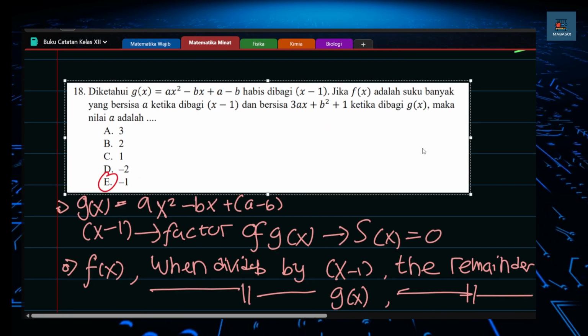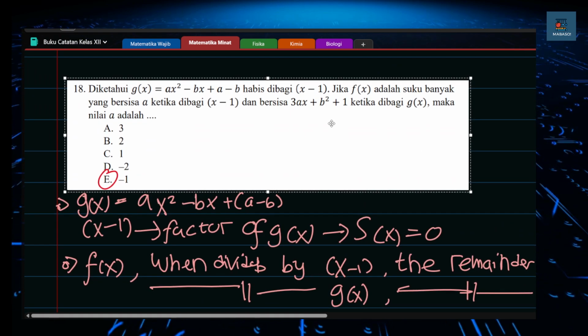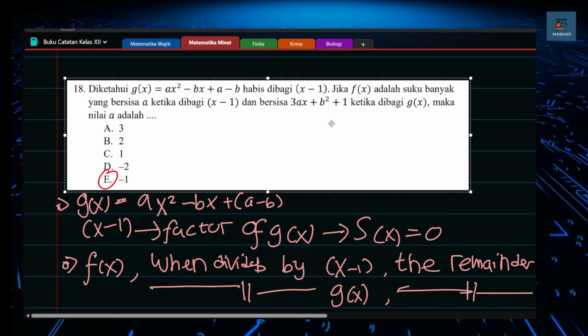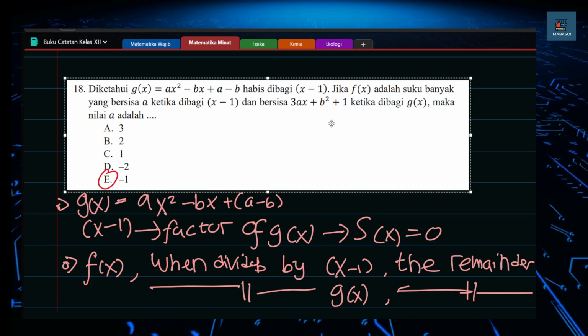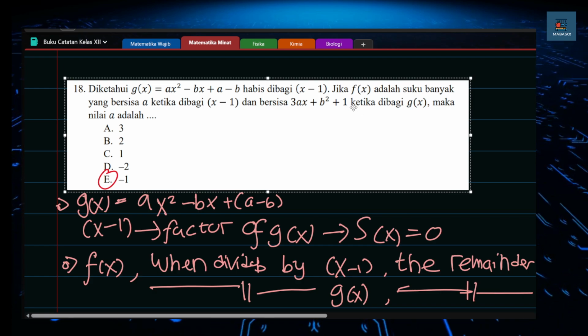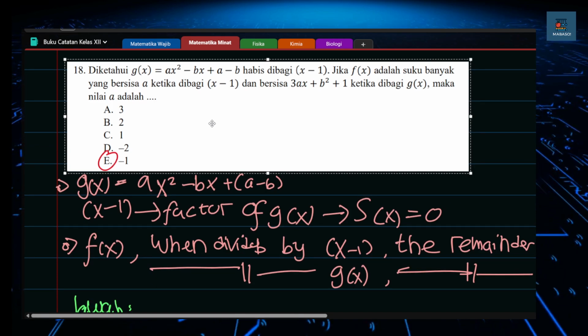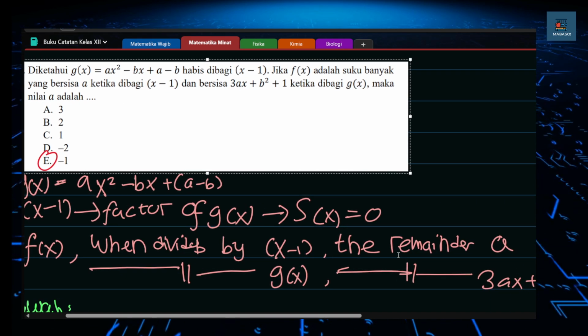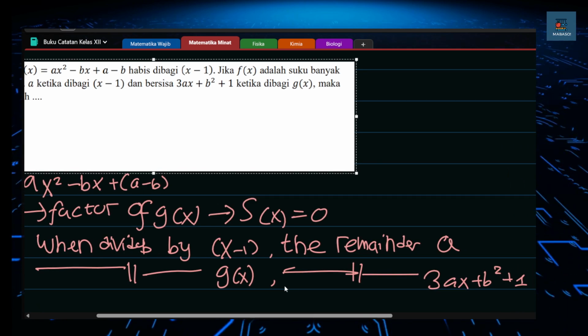Then the second information is regarding f(x). We have already finished with g(x). Now we're going to dig out the information from f(x). We know that f(x) is a polynomial, and we have two pieces of information. When divided by x minus 1, the remainder is a. When divided by g(x), the remainder is 3ax plus b squared plus 1.